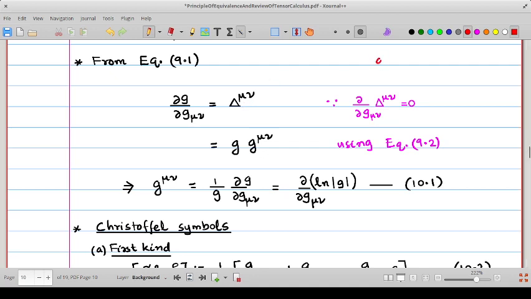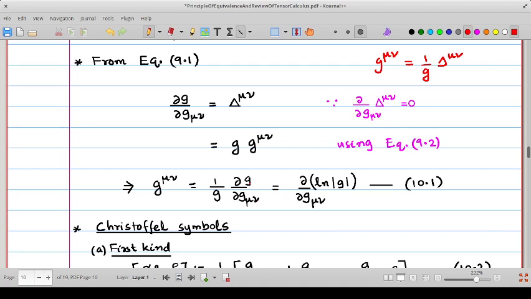But from the relationship that g^{μν} is equal to 1 by g times Δ^{μν}, we see that Δ^{μν} equals g times g^{μν}. Then from this expression, g^{μν} can be written as 1 by g times dg by dg_{μν}.